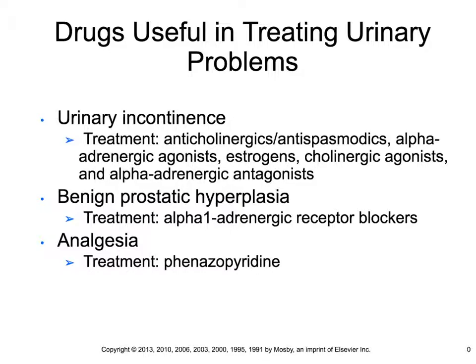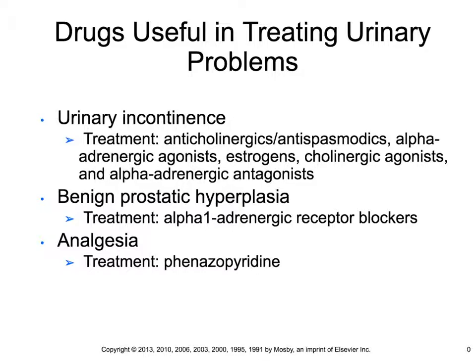So drugs useful in treating urinary problems. There are various drugs that can treat urinary symptoms related to incontinence, benign prostatic hypertrophy, and urinary tract pain secondary to an infection. Anticholinergic agents are used for urinary incontinence to stop the bladder contraction and decrease the response of some bladder muscles.